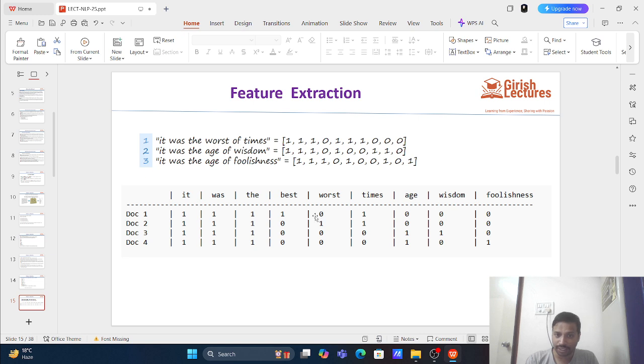We don't have "worst" here. "Of" was not there in one case; sometimes "of" is identified as a preposition and might not be considered. So it depends. Again, we should check properly whether every word is given or not, and if not, we should tabulate them. Likewise, we should be able to identify those vectors of data, and label all of them with zeros and ones.